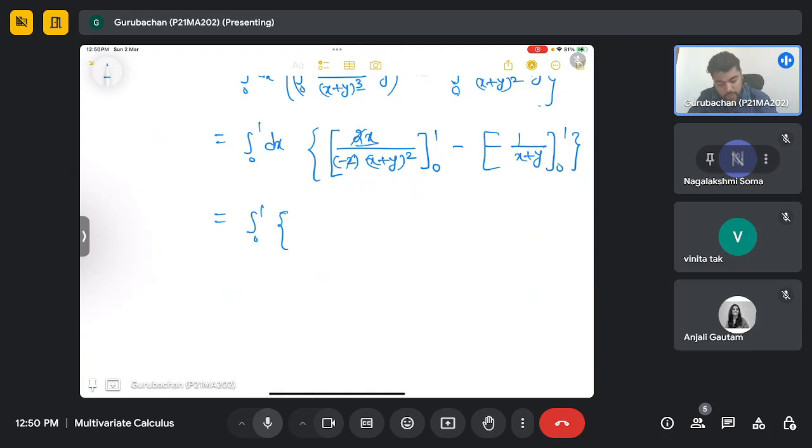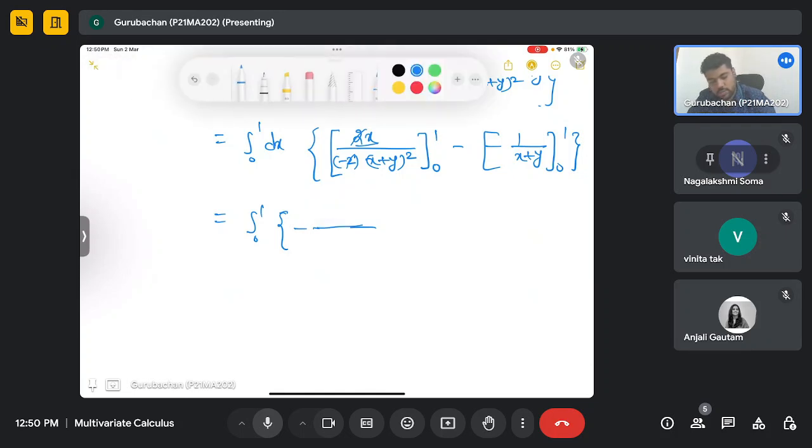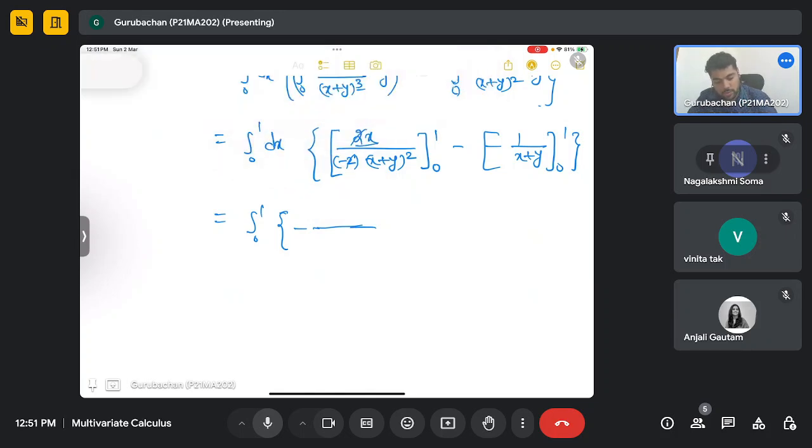So when we put 1 here, this will give us minus x divided by (x plus 1) whole square, and minus minus will get plus x by x square.